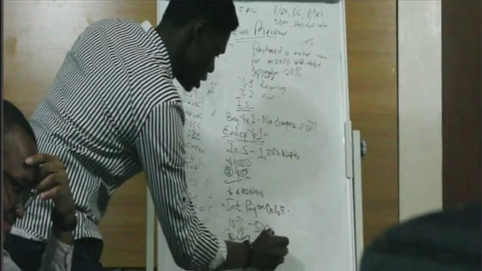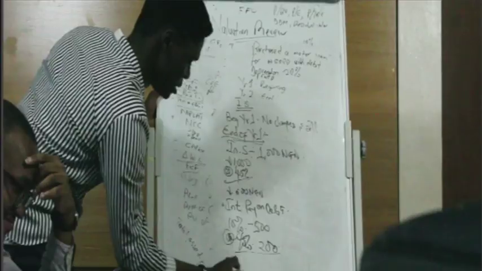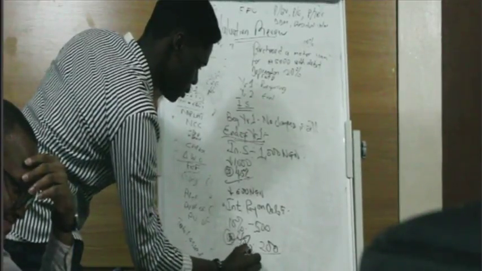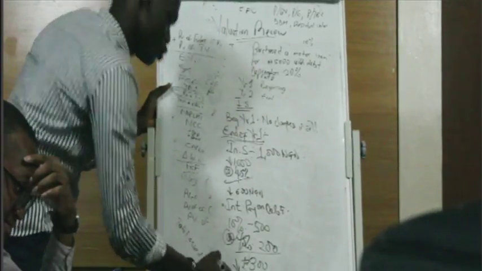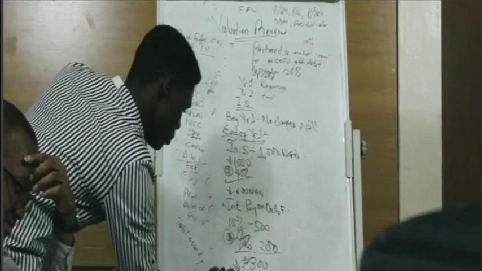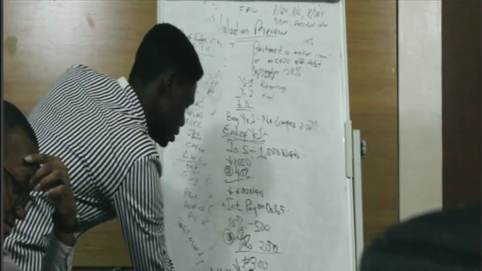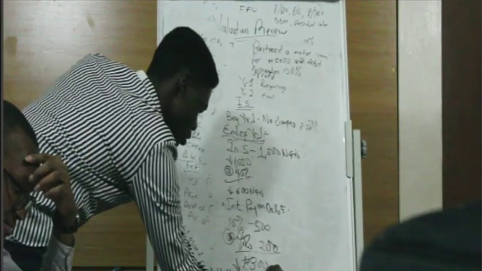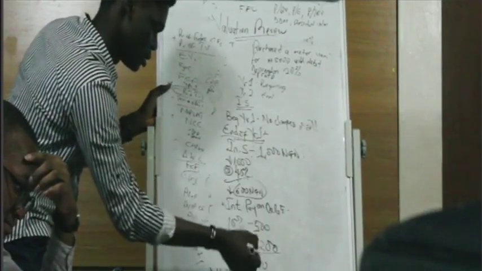So we're taking our profit before tax down by an additional 300 naira, so profit after tax is down by 300 naira. So all in all, in year one, our profit before tax is down by 900. Profit after tax is down by 900.